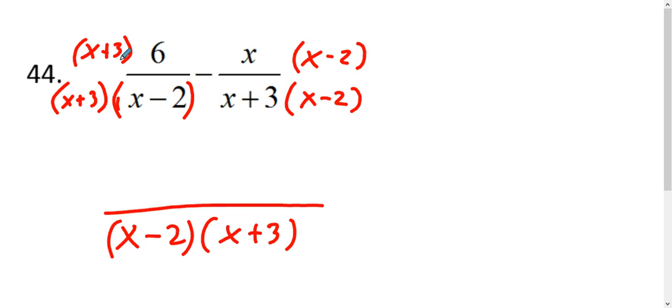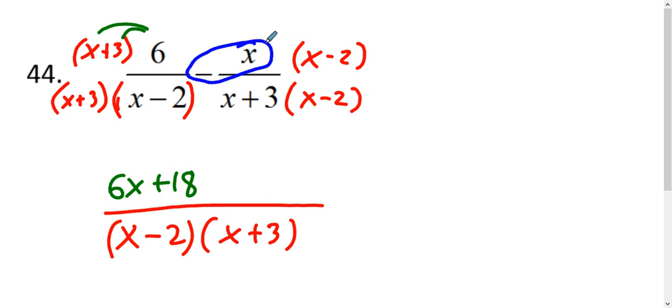So from the left part here, we have 6 times x plus 3. We can distribute that. 6x plus 18. From the second piece of this, we have negative x being distributed, because it's negative x times x minus 2.